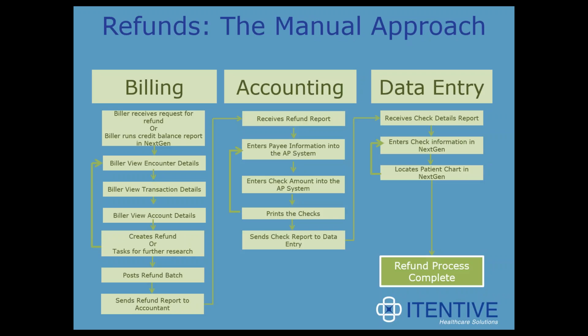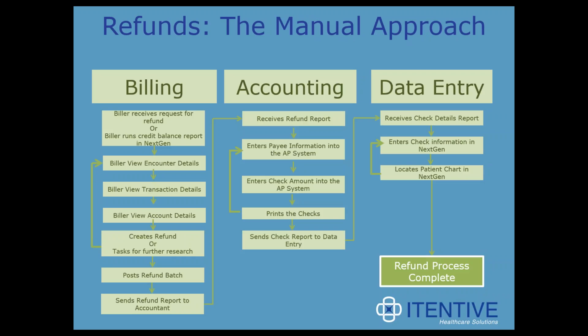In either case, whether proactive or reactive, you're going to go through a series of steps to identify what to do with that credit balance. You're going to view the encounter details, probably the transaction details and the account details, in order to determine what makes up that credit balance and whether it should be issued as a refund or maybe distributed to an encounter that has an open balance on it.